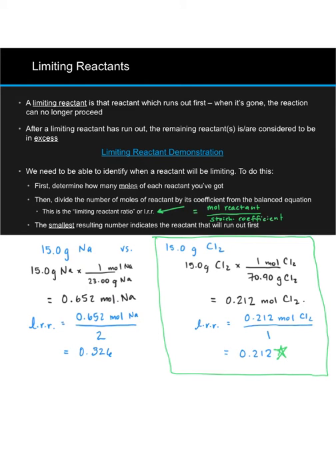Once chlorine runs out, there's no more of it to react and produce further products. It's like one of the ingredients in a recipe running out. After that one ingredient has run out, then we can't make any more end result.